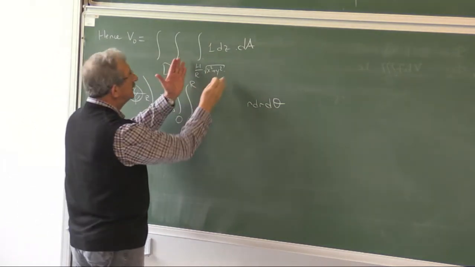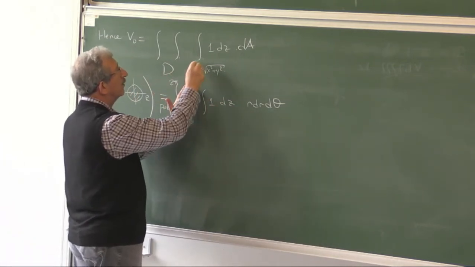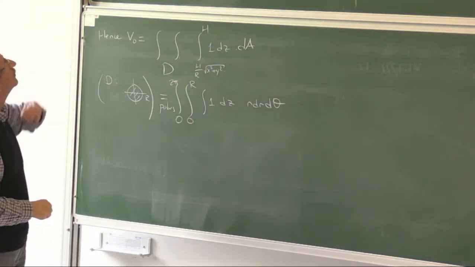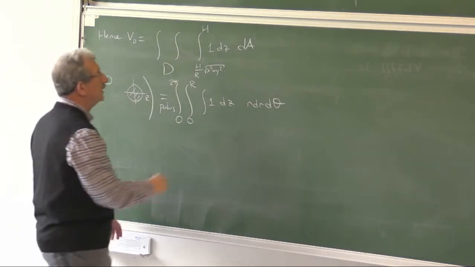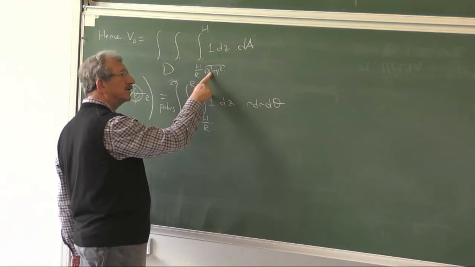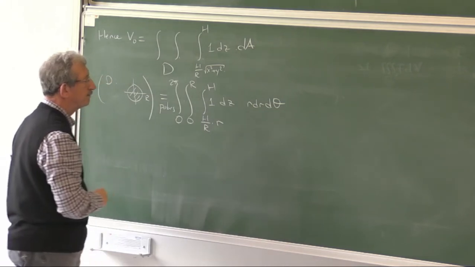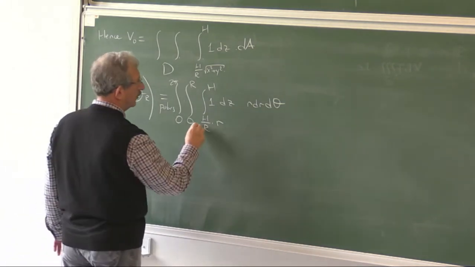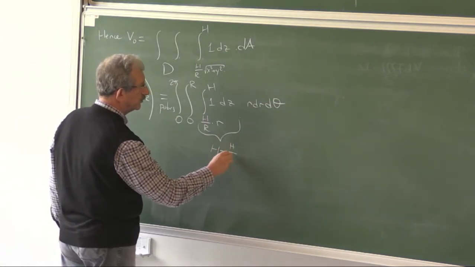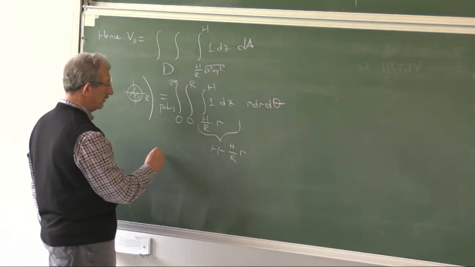Now what happens to the inside part? The inside part is 1 dz. Well, the top was h, of course, from the geometry directly. So it starts from h over r times the polar r, up to h. So this clearly gives us h minus h over r times r, multiplied by r.